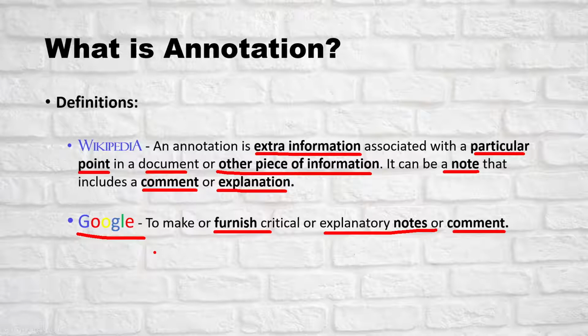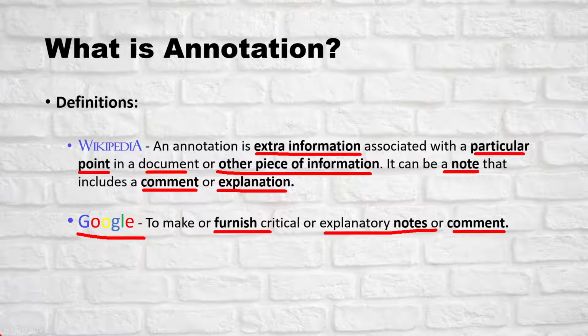That particular element is called annotate. We annotate that particular text or line to add a note to help us understand it better, or to understand it when we reference it back again.